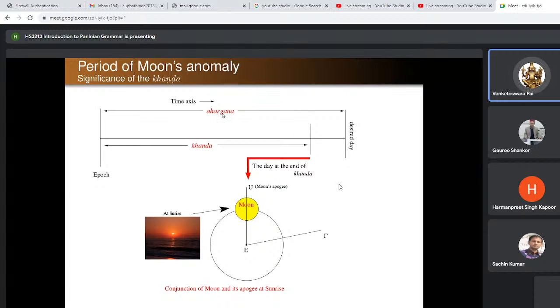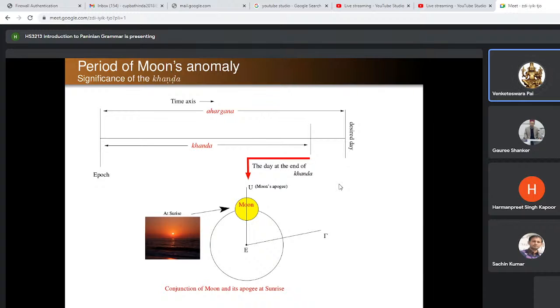So mathematically it's an interesting problem: if you know the ahargana, how will you fix the khanda? How to compute the khanda? That is an important problem addressed as far as the Vakya system is concerned.